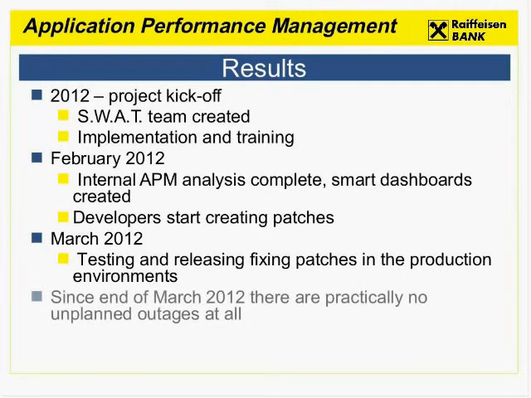And on the 22nd of March, practically with no unplanned outage or serious performance problems. That means within 2 months we were able to detect the most important performance bottlenecks in the system with the required human resources and with the right tool.